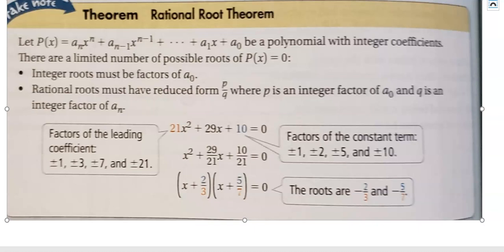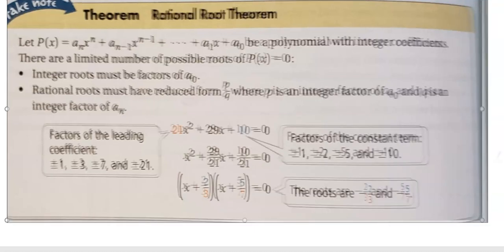You're going to do the second one over the first one. Hold on, I have to get my glasses because that's too small. No, it's the constant term over the leading coefficient. That's how you set them up. So let me write that down here.